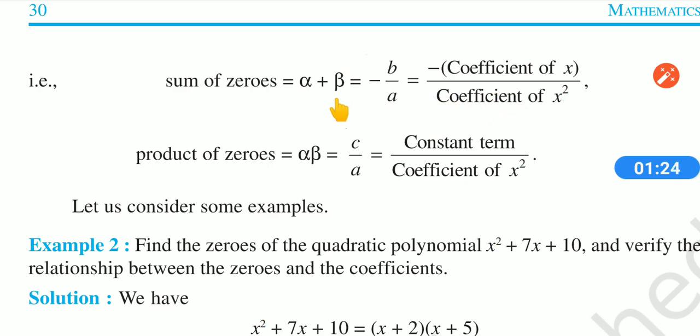So alpha plus beta is minus coefficient of x by coefficient of x square. Product of zeros means alpha into beta, which is c by a. C means constant term, by a means coefficient of x square. So alpha into beta is equal to constant term by coefficient of x square. So remember this relation and move to the solution for that sum.